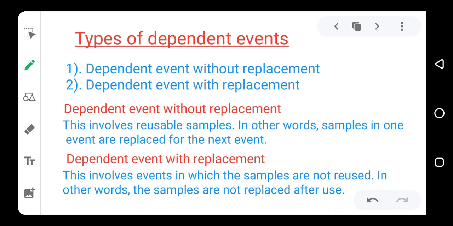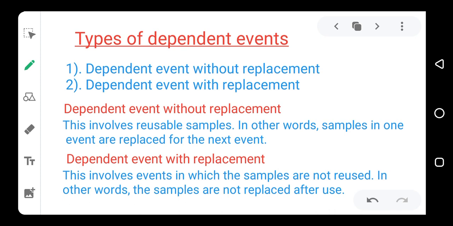In a dependent event without replacements, we pick a sample and the sample is not replaced. So the sample is not reusable or is not reused in dependent event without replacements. You pick a sample and that one is lost forever.